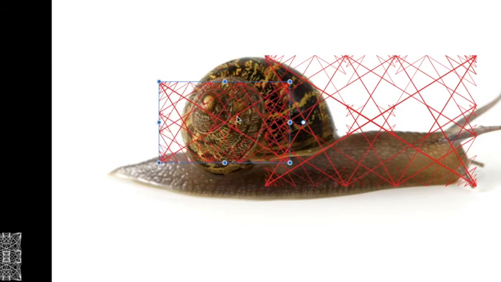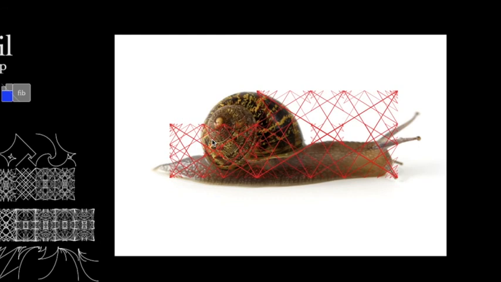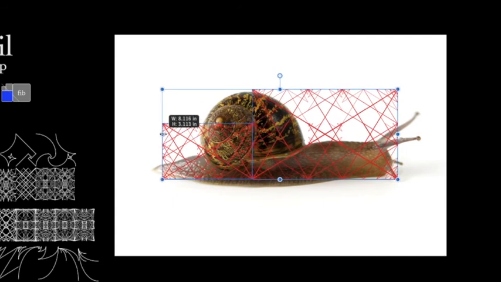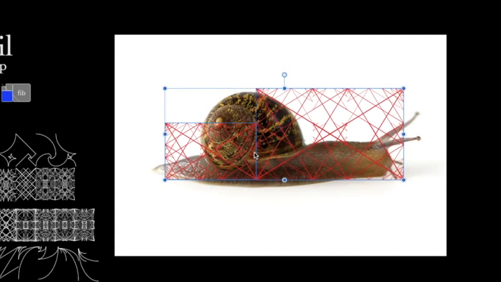Make sure that's the same length. This is supposed to be tracking the whole body. So we will fudge it a little bit here. Don't want to overshoot the height too much.